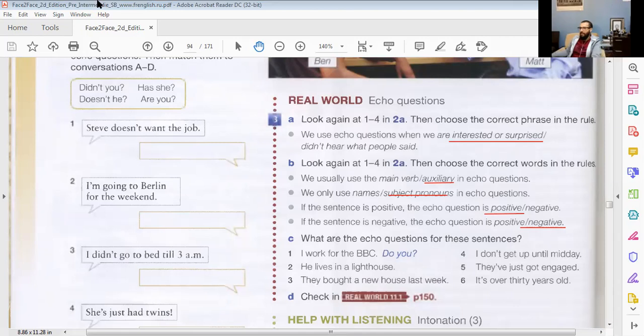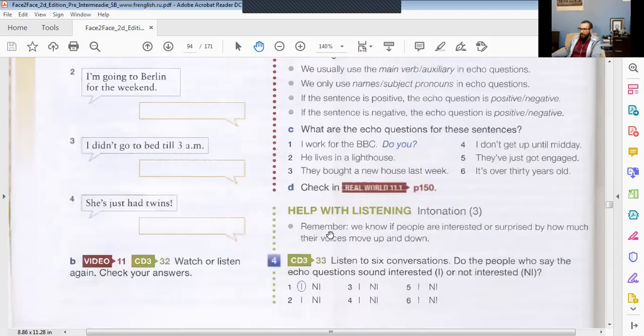Okay, so all of these are examples of echo questions. Now, we can skip the intonation. I'll just tell you what the idea is very simply. If you're interested, your voice should sound interested. It should go up and down to show that you're interested.